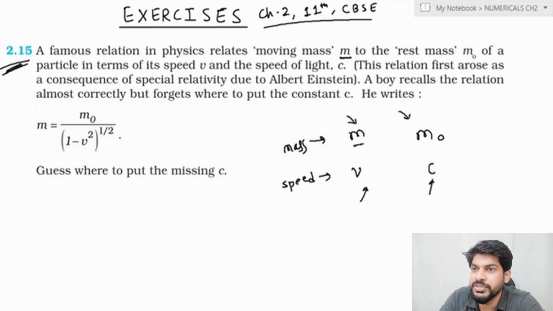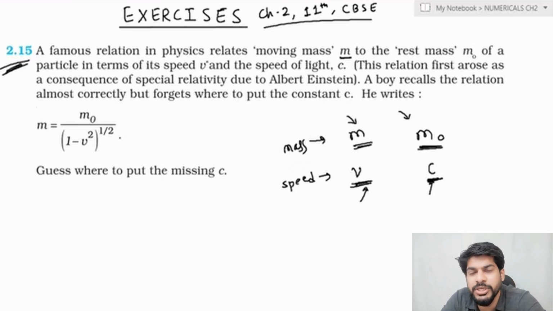This is the moving mass of the particle, the mass while the body is moving. And m naught is the rest mass, the mass when it is at rest, v is the velocity with which it is moving, and c is the speed of light. So these are the four quantities which have to be related.